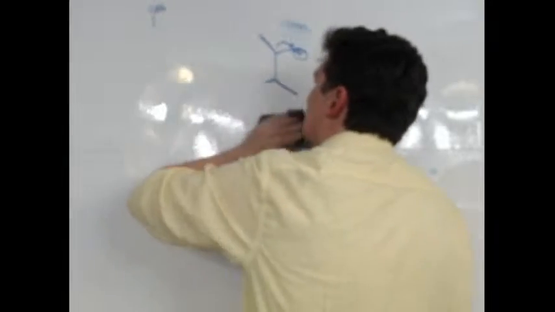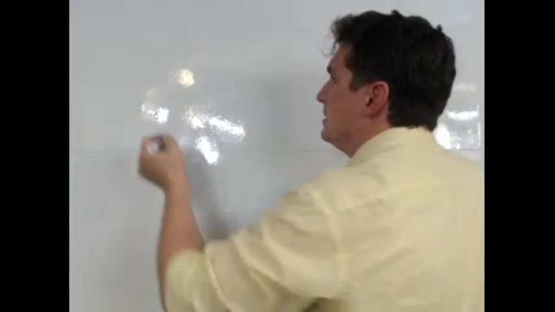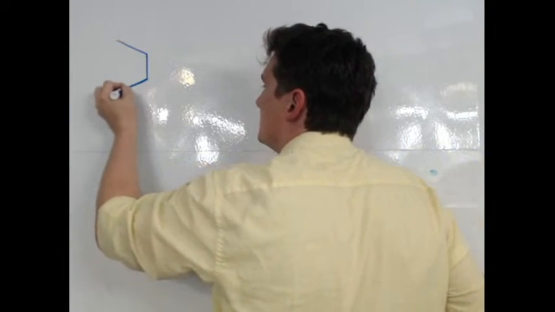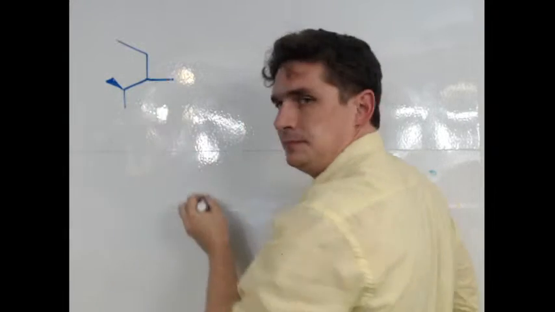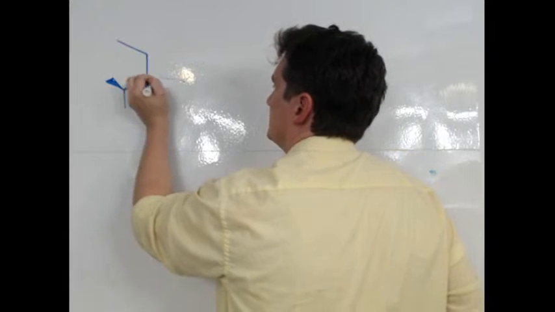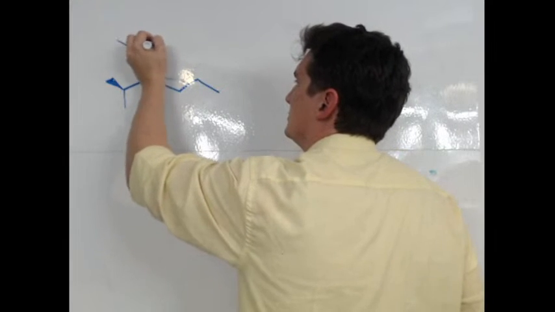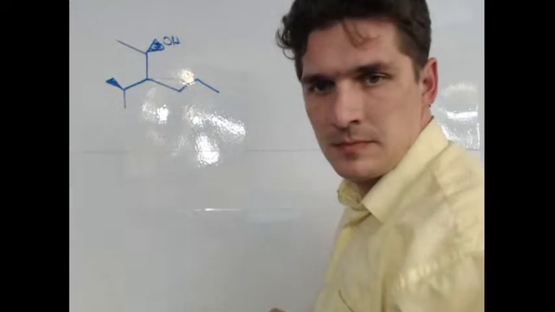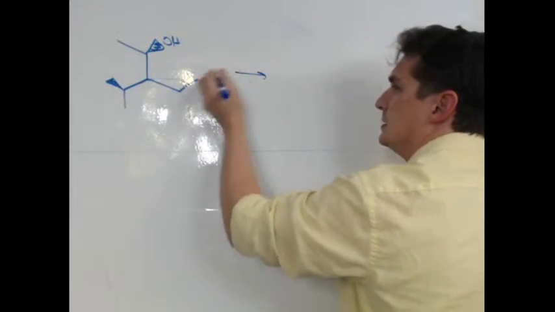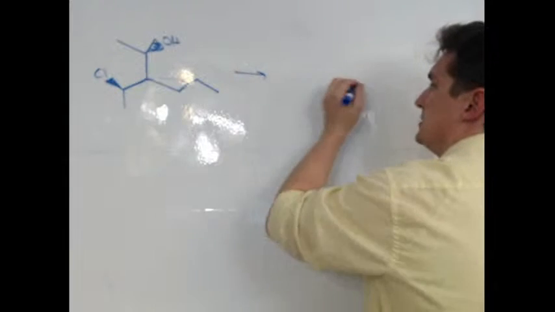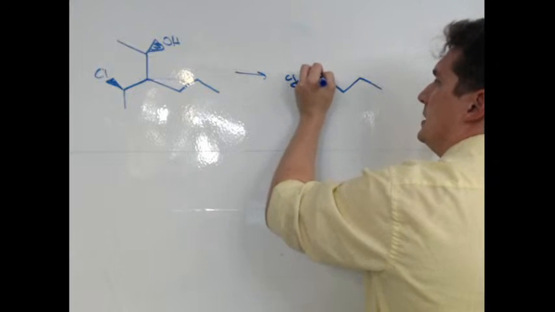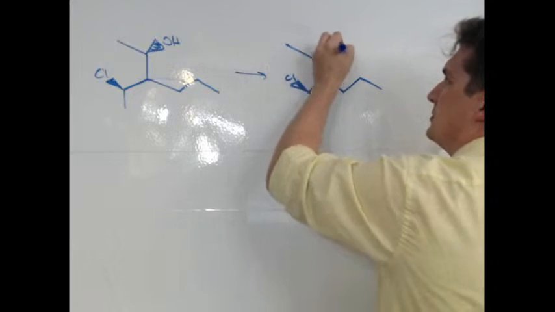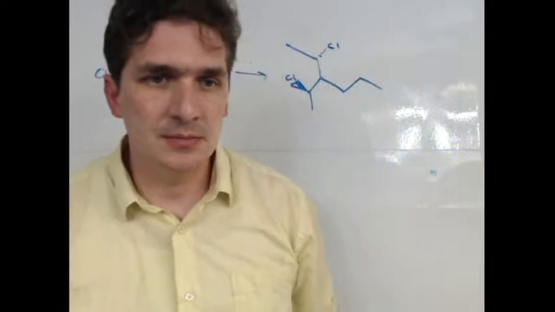The POCl3 shouldn't react with anything else. So our seal here is going to remain untouched. And the POCl3 always undergoes an inversion mechanism, so that's what SN2 is, an inversion mechanism.